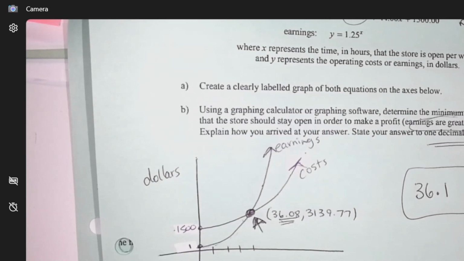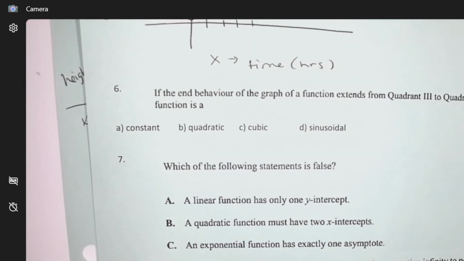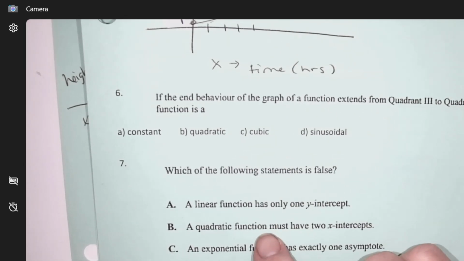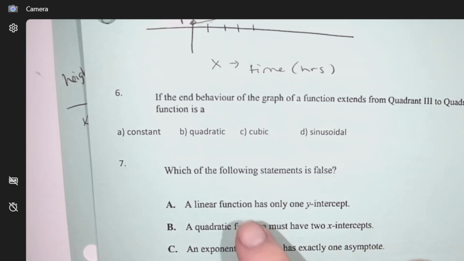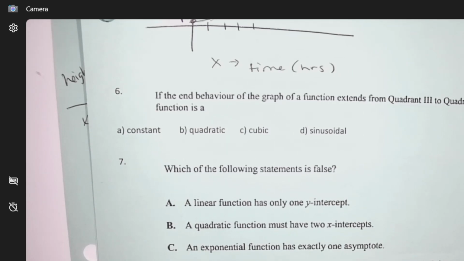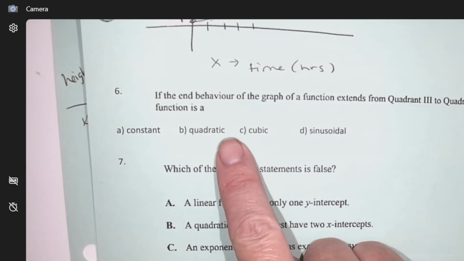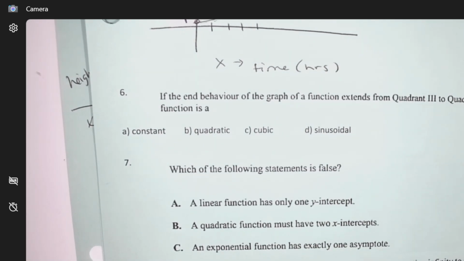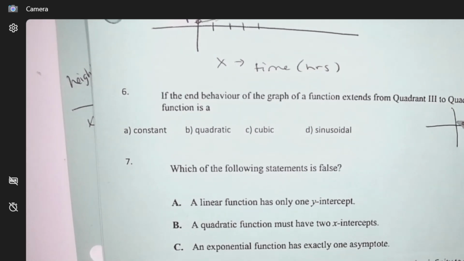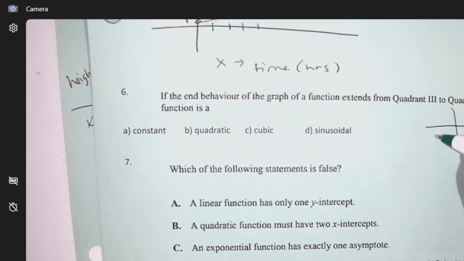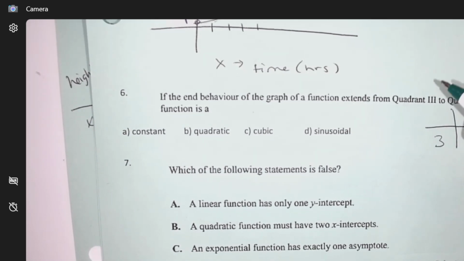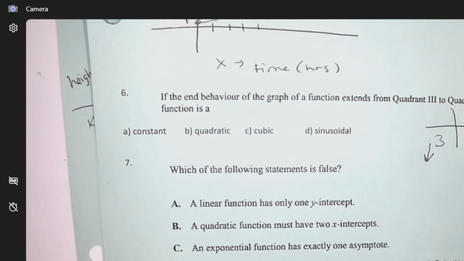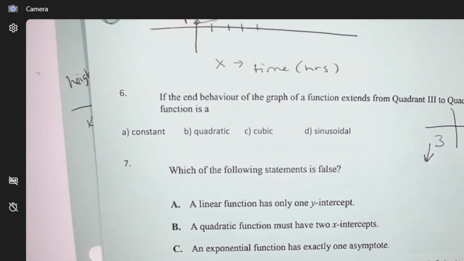Okay, we'll do one more here. So this is a multiple choice question. The end behavior of a graph of a function that extends from quadrant 3. So you have to go from quadrant 3 to 1. So how do you get a graph to have an arrow in that and then that?